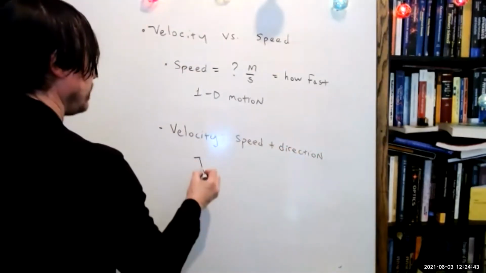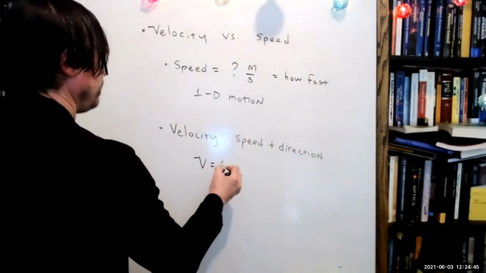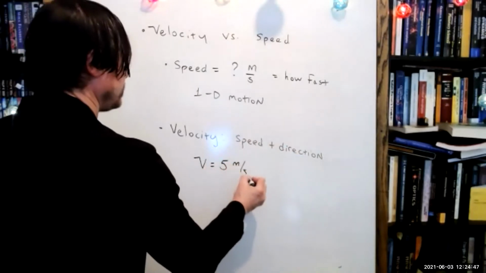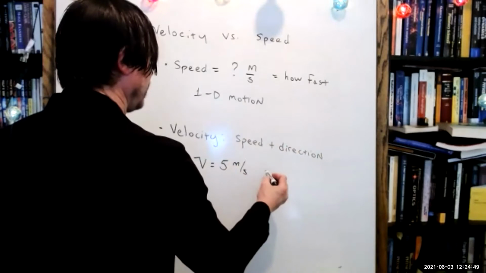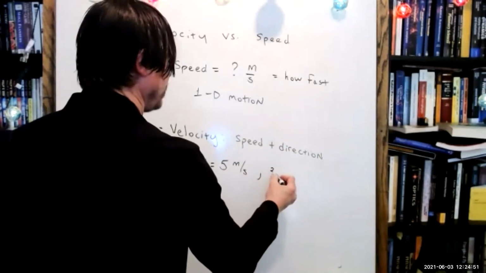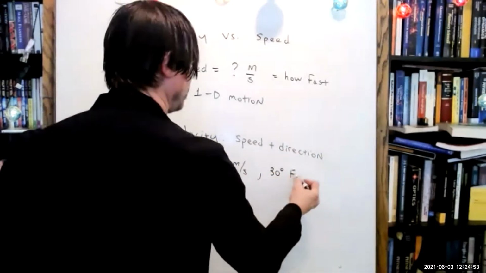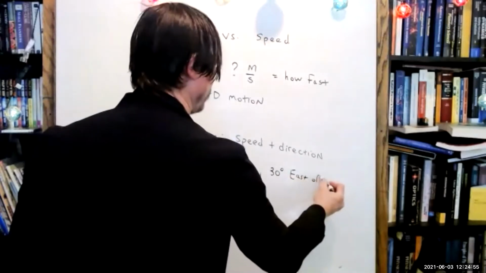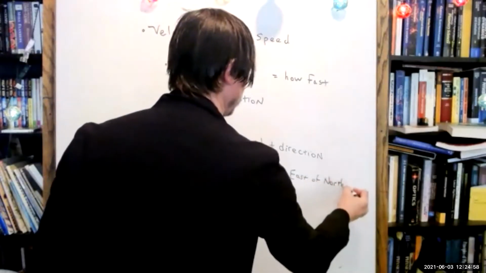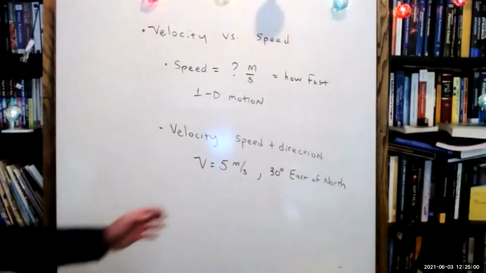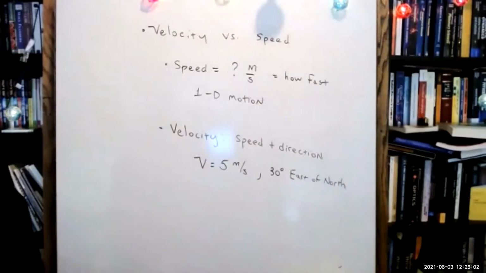So for instance, if you have a velocity of 5 meters per second, and then you specify 30 degrees east of north, this constitutes a velocity because of the directional information.